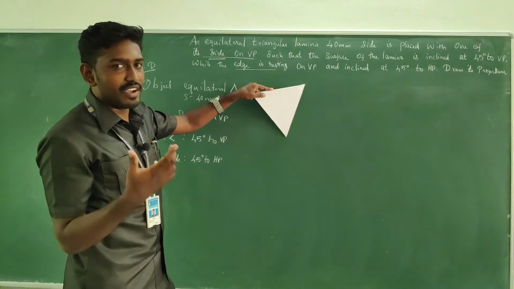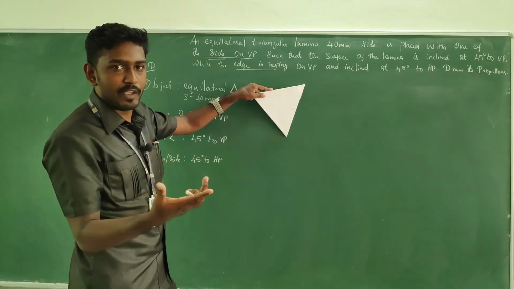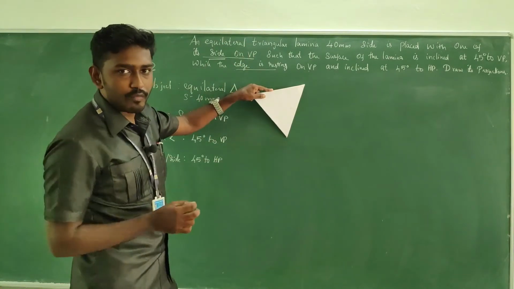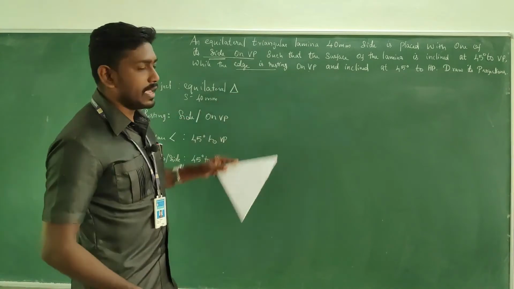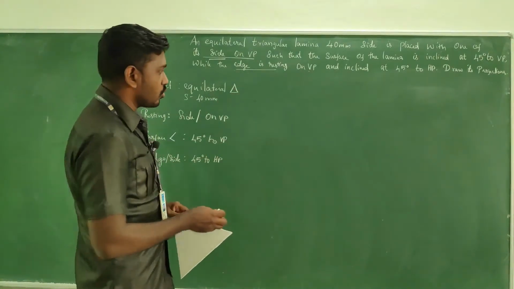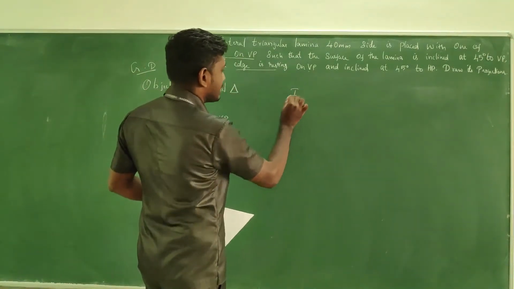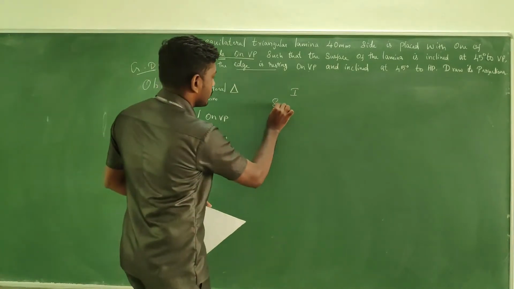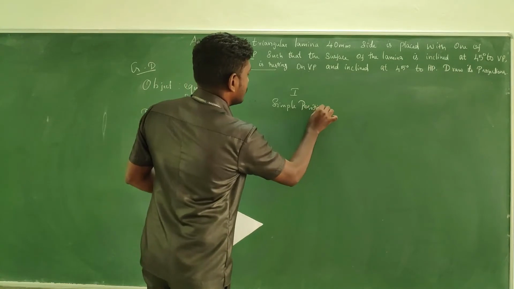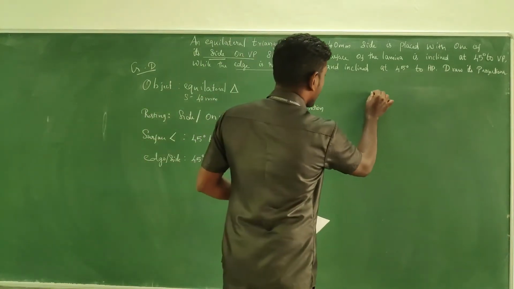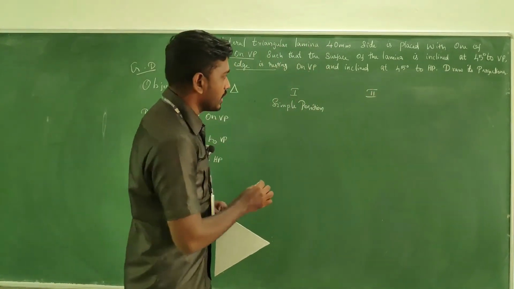So we are well familiar that when it is inclined to both HP and VP, in the front view and the top view we cannot see the true shape. So what we do is we go with three stages. The first stage is the simple position. The second stage is the surface inclination.